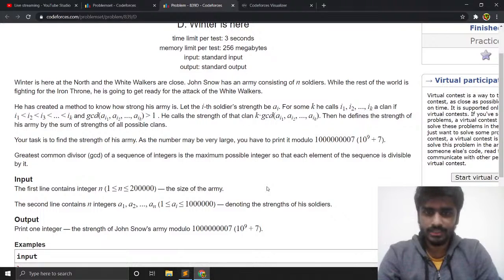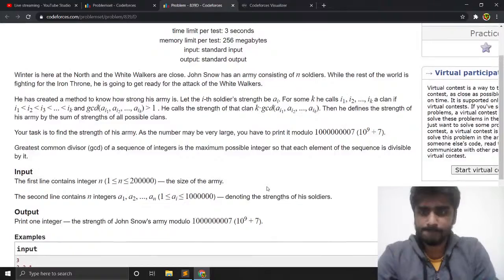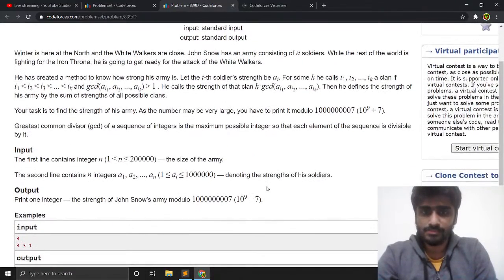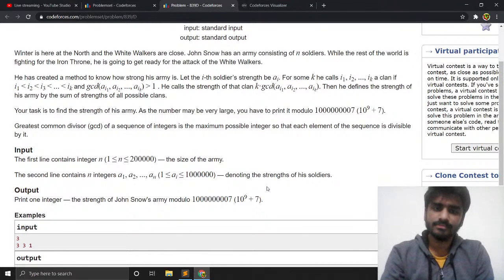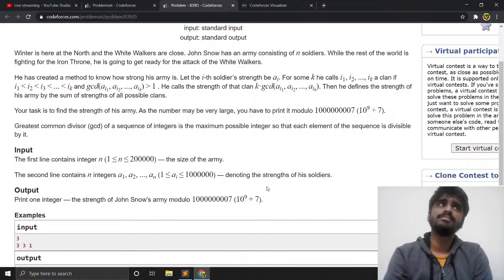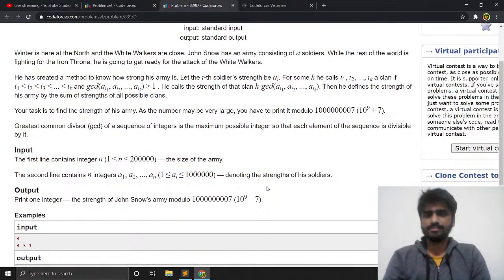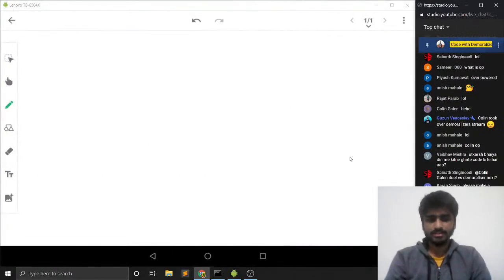Although I don't think I missed anything, when I'm really stuck, I read the problem again and again. Okay, let's try to do this.